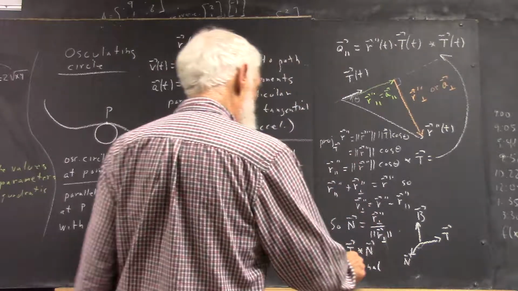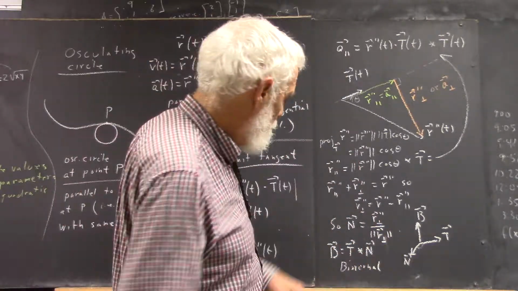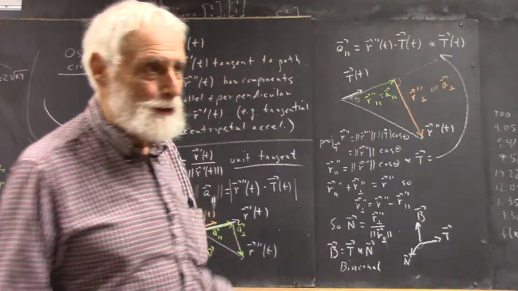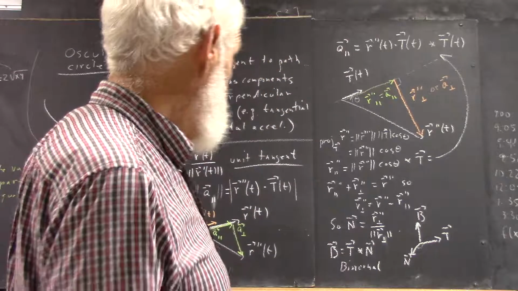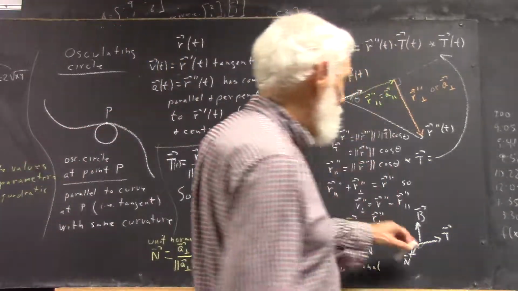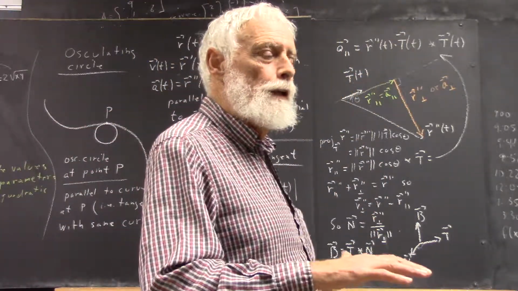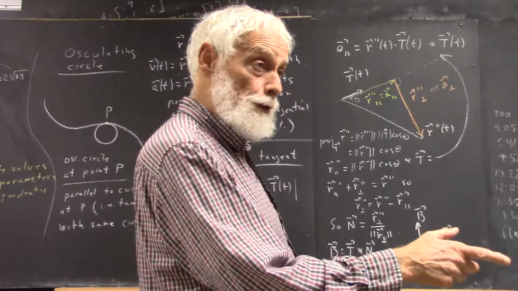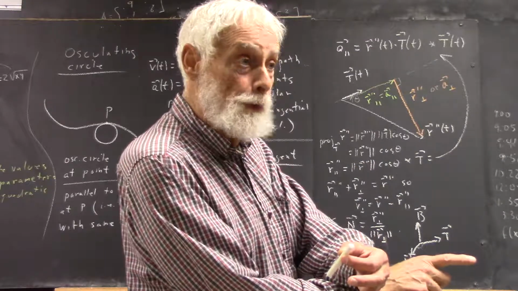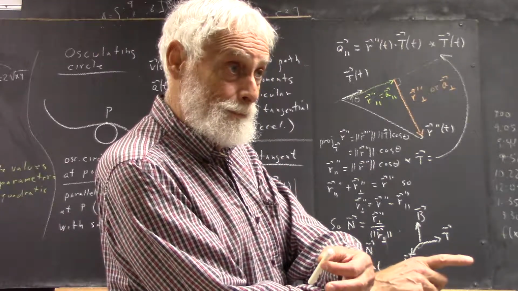That's a unit binormal. I didn't write the word unit because it's hard to write at the bottom of the page or the board, okay? But we know it's a unit vector. These three are unit vectors that temporarily define the plane of our motion and our direction of motion and the direction of our centripetal acceleration. Okay?